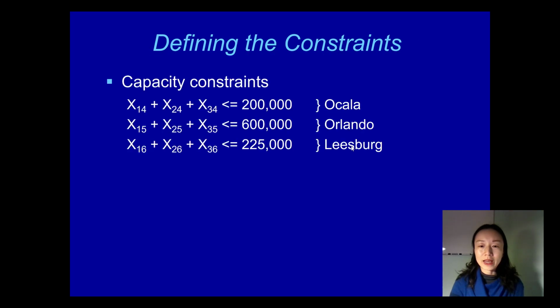The constraints we had are that for those capacity constraints, the bushels of citrus that get shipped into those processing nodes, which are 4, 5, 6, need to be less than or equal to their processing capacity.